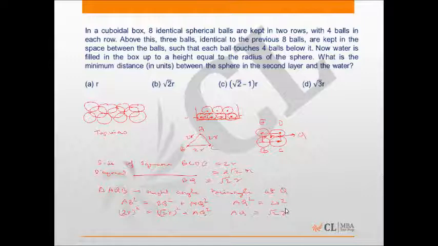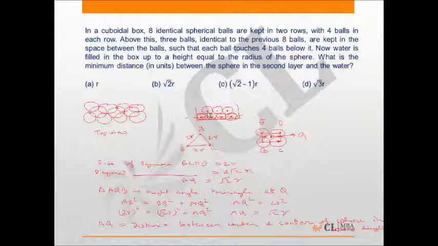I know that this AQ is the distance between the water and the center of the sphere in the second layer. I have to find the minimum distance between the water and the sphere in the second layer.